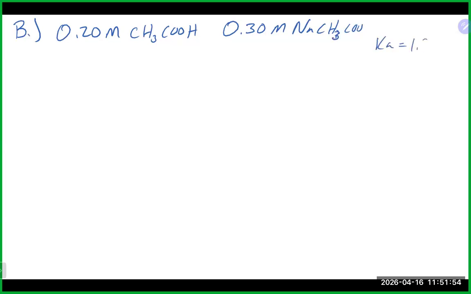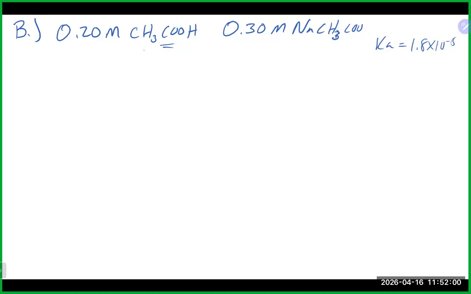So again, we still have our 0.2 molar acetic acid as we did in part A. We're going to dump in there 0.3 molar sodium acetate. And we still have the same Ka value of 1.8 times 10 to the minus 5, which goes with our weak acid.